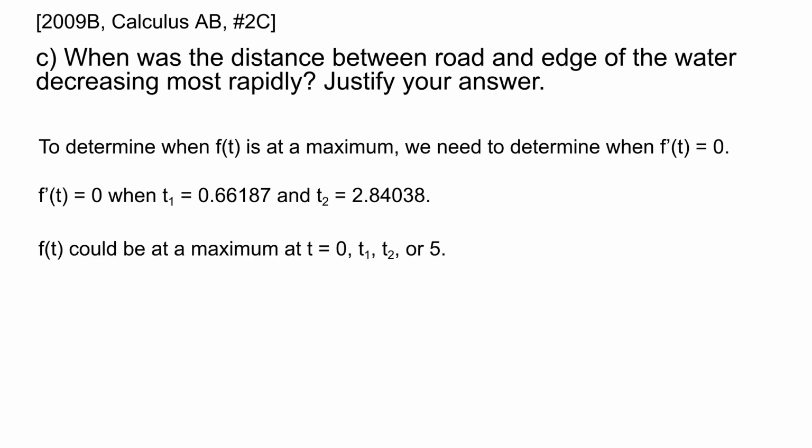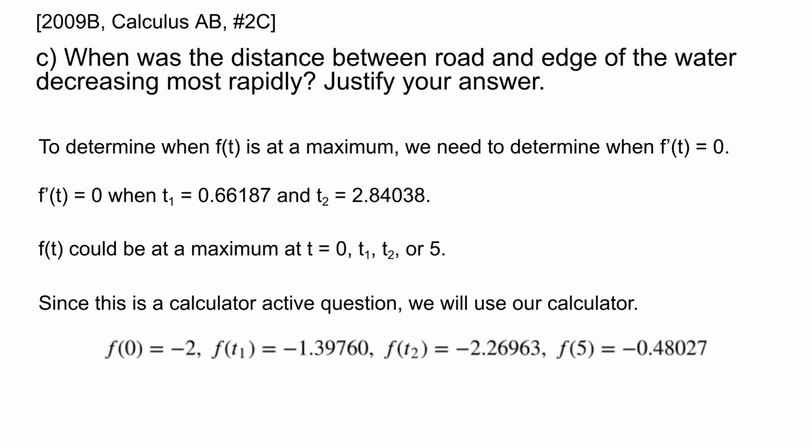So in order for f of t to have a maximum, this could happen at the two values of t we just found, or it could happen at one of the endpoints of the interval. So it could be at t equals 0 or t equals 5, but the two values t1 and t2 are also candidates. And since this is a calculator active question, we can use our calculator to evaluate for all of those values of t. F of 0 we find is -2.